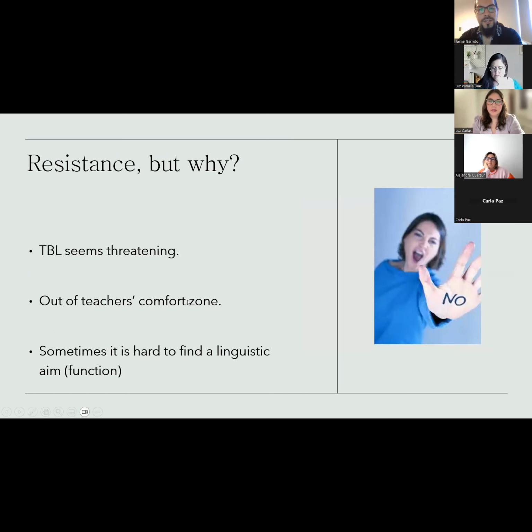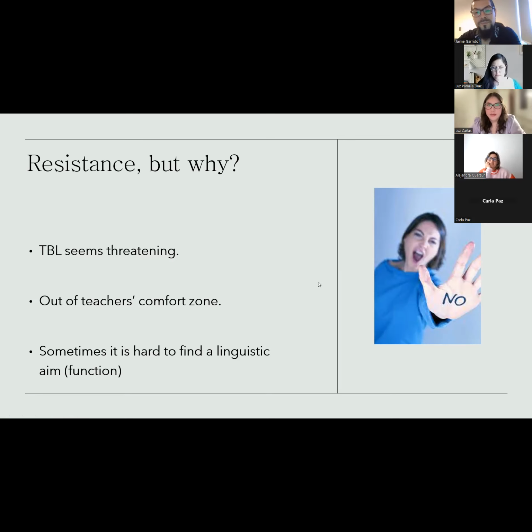Okay, let's continue. As I was saying, some teachers resist, and sometimes their managers or UTP bosses also resist implementing this in the classroom.